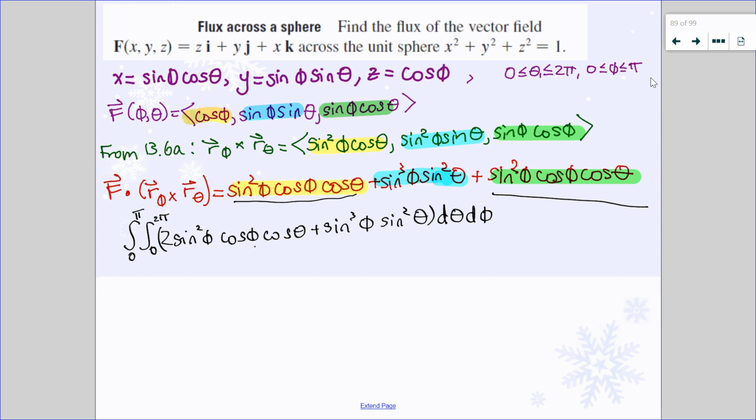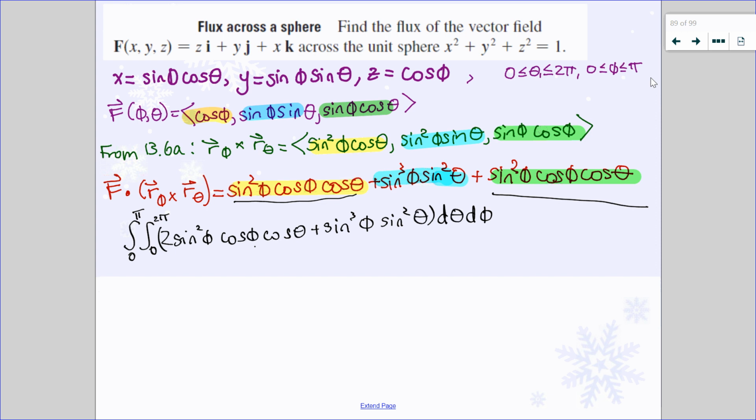Like we had the magnitude of the cross product in just the regular surface integrals, that accounted for the Jacobian. The Jacobian is accounted for right here by taking the dot product with r phi cross r theta. So that's where we account for it there. That's a great question. Other questions?